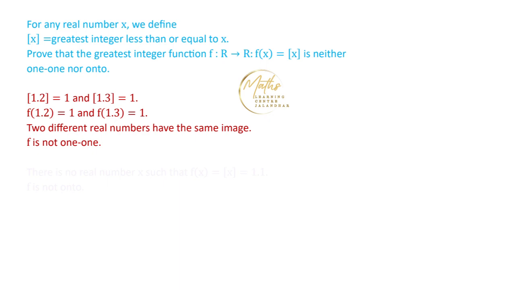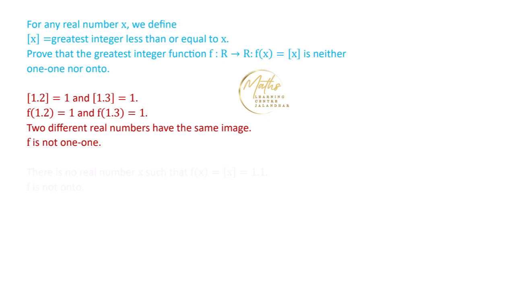Next, we have to prove that it is not onto. We have to give an example. So we consider an element from the codomain, and suppose that element is 1.1.